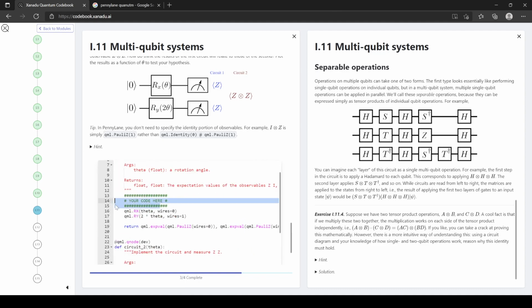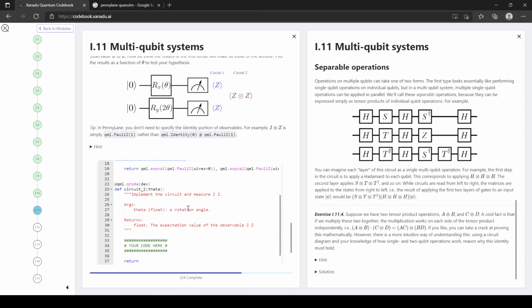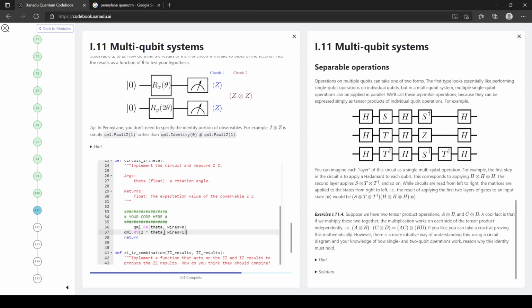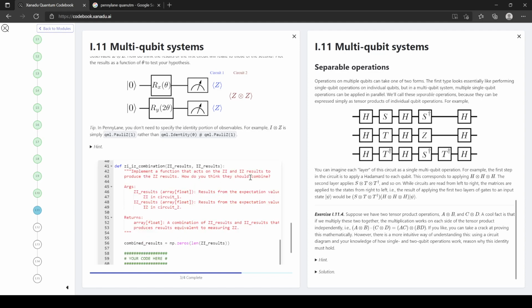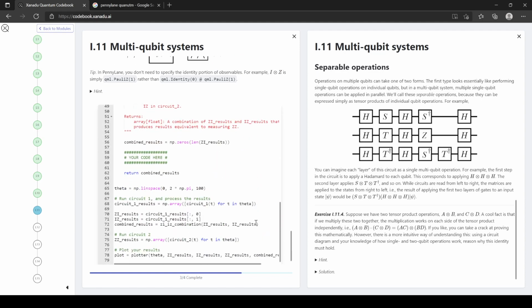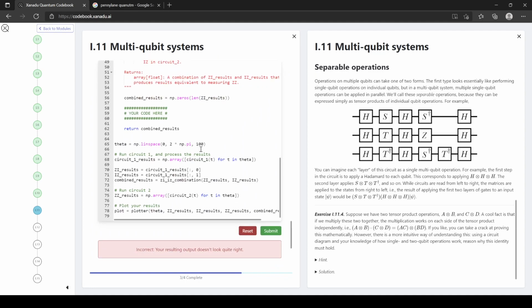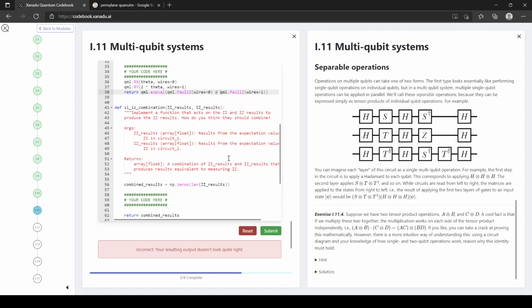Now down here, we want the exact same code. However, we just have this @ sign here. And that should be good. Oh, we have to actually do this function. Okay, so we have to do ZZ and IZ to combine.